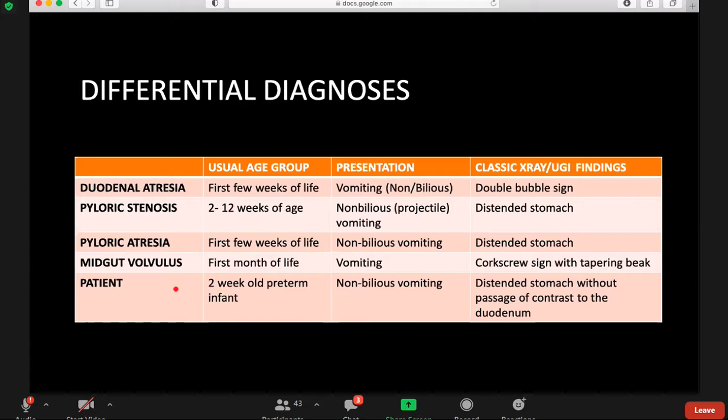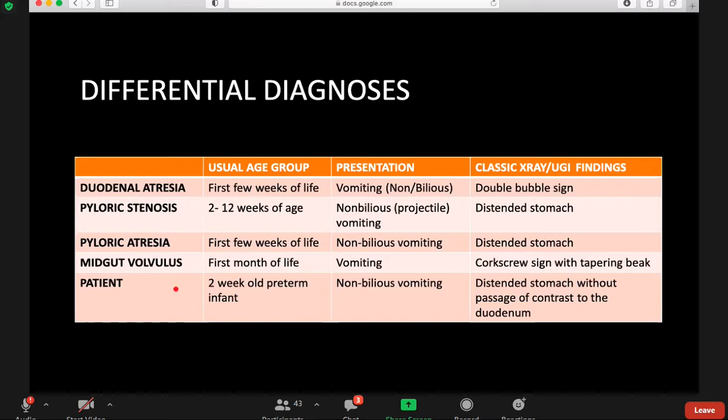Now, given this differential diagnosis, you can already cross out a few of the differentials just by the mere clinical presentation. So the duodenal atresia and pyloric atresia can be crossed out because the pathophysiology here is failure of canalization of the lumen of the small intestines.